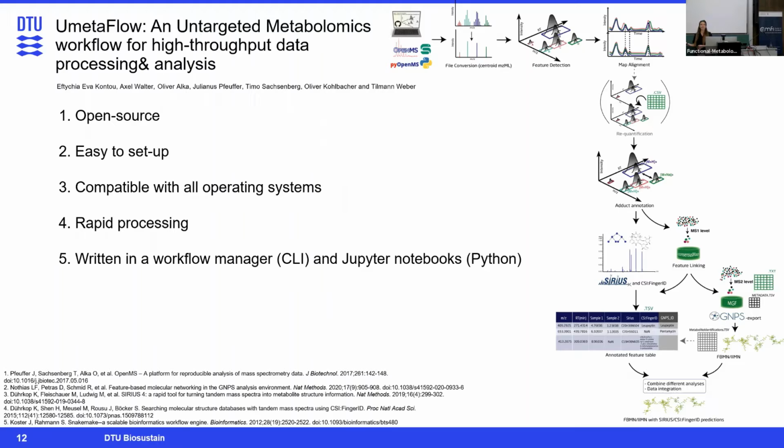So I started writing it, as I said, in Python in Jupyter notebooks using PyOpenMS. But then Jupyter is not that fast, of course, so I wouldn't call it high throughput. So I implemented everything in Snakemake using the command line interface of OpenMS. Besides OpenMS, I'm also using SIRIUS and CSI:FingerID.